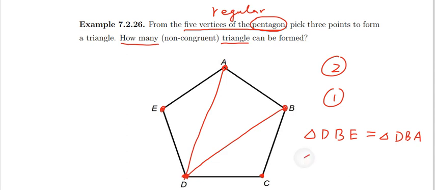But we can also use triangle DBC. DBC and DBE are not the same, so this also should be plus 1, right? So, 2. Okay, so totally we have 4.